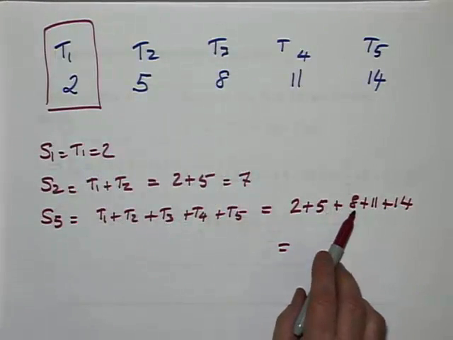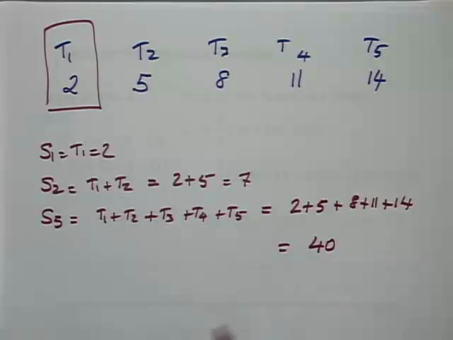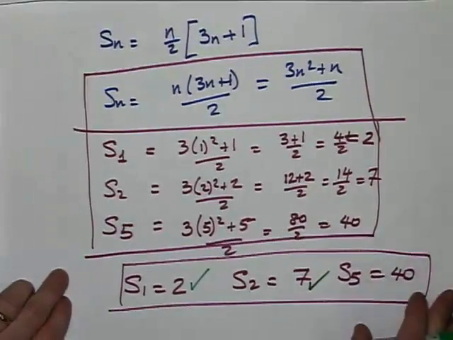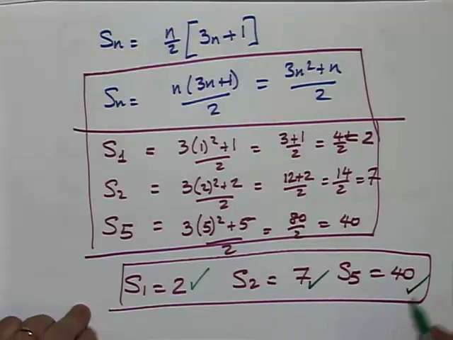That's 7, 15, 26, it's 40. And S5 is 40. Now, we could go on forever, but it's just proving the point that this formula here, Sn, is reliable, Tn is reliable, the two formulae work. So you can use them for anything.